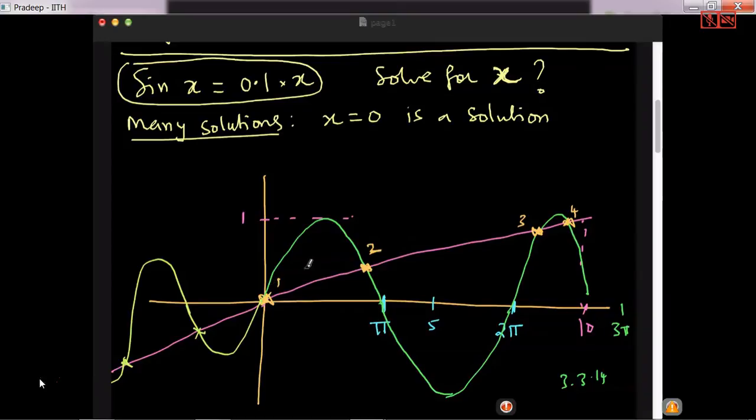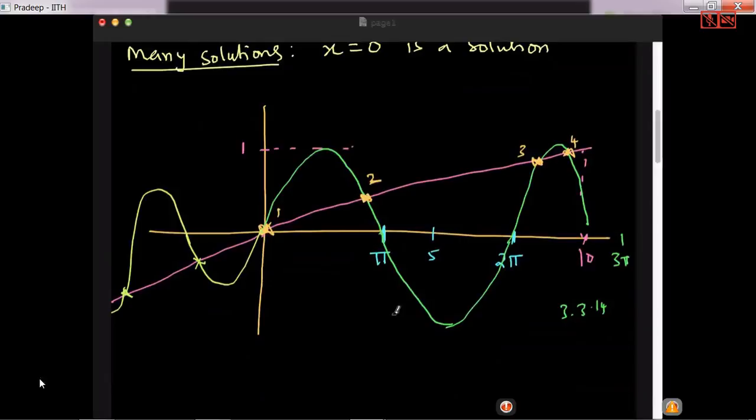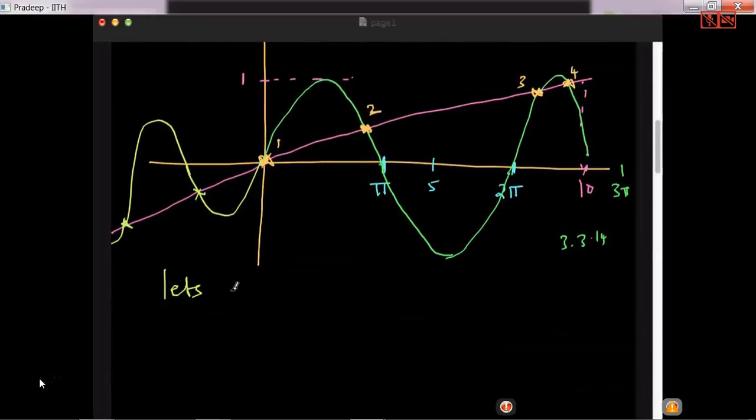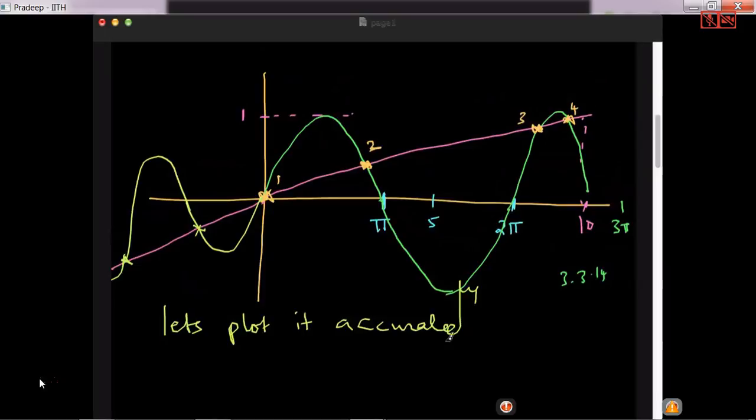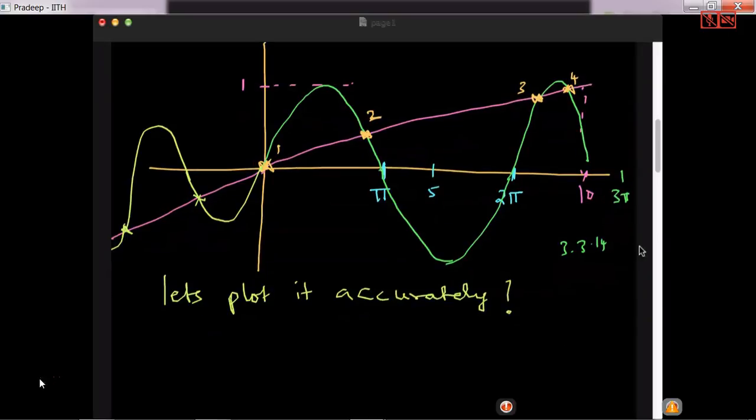So to get a clear picture, let's plot it accurately. So instead of approximately drawing this, let's plot this function accurately and then we'll be able to see it.